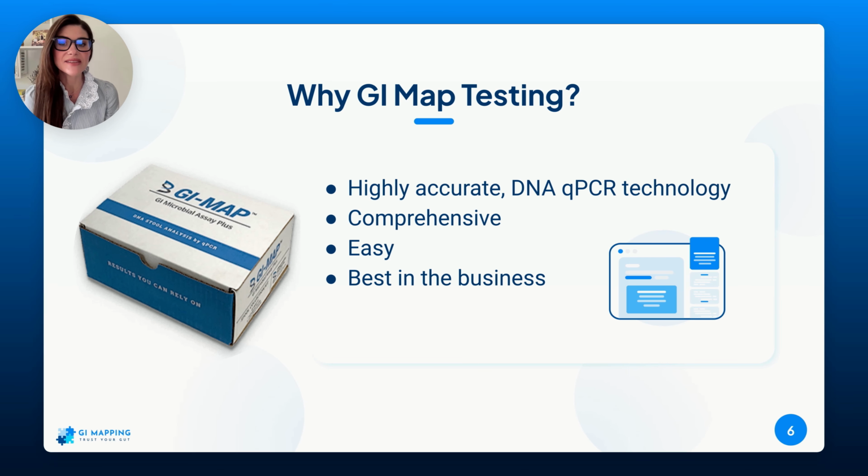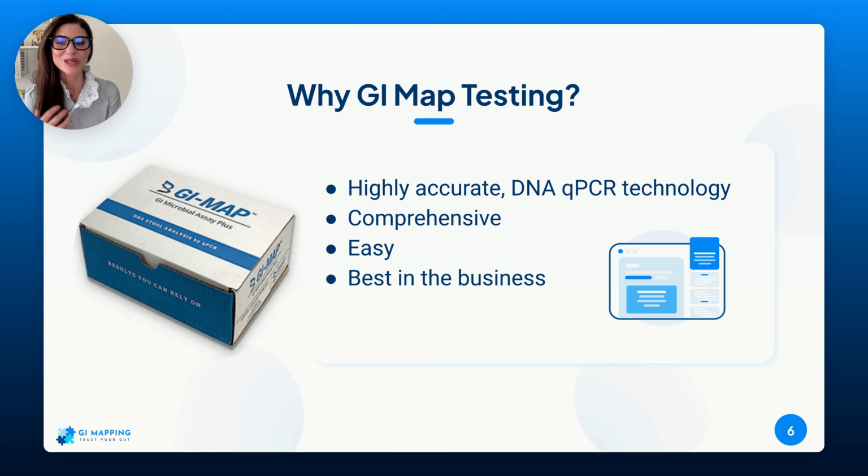It's a comprehensive test. There's a lot of other tests coming on the market now, some less comprehensive, some maybe seem more comprehensive because they're longer, but that doesn't actually mean that they have all the right components. So why I love the GI map test is because it's comprehensive in providing the perfect information that we need to know about the good and bad microbiome, but also the things that we need to know about intestinal health.